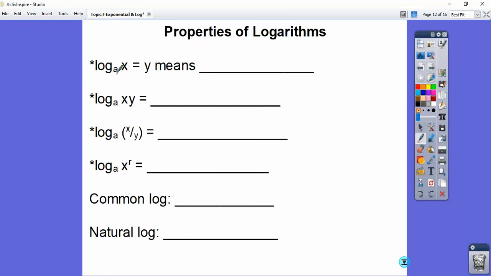Remember, you start with the base. The base of the log is the base of the exponential. So that's saying a to the y power equals x. So we can go back and forth between the two notations.